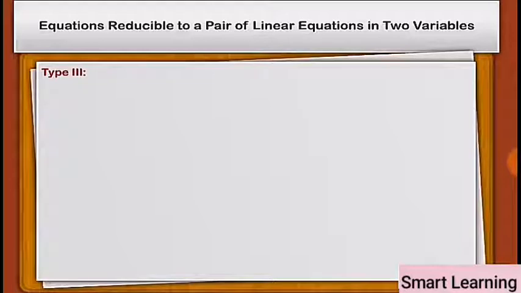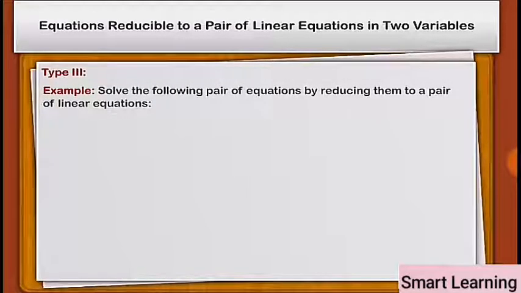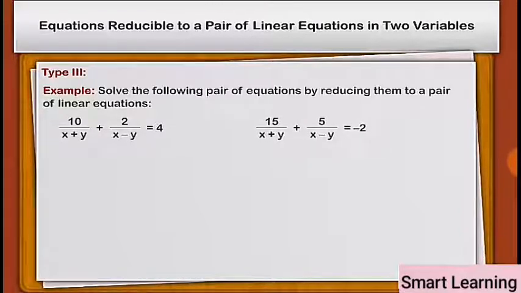Now, the turn of type 3. Solve the following pair of equations by reducing them to a pair of linear equations. 10 upon x plus y plus 2 upon x minus y is equal to 4. 15 upon x plus y plus 5 upon x minus y is equal to minus 2.